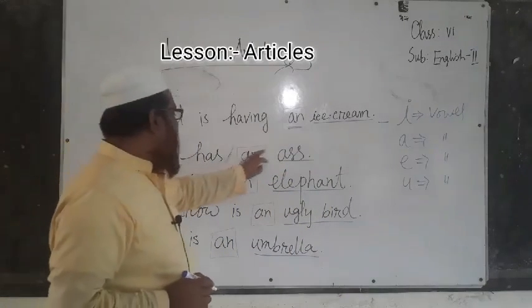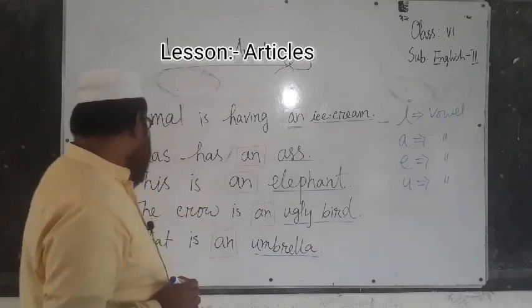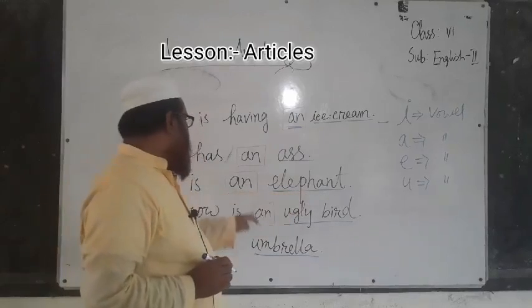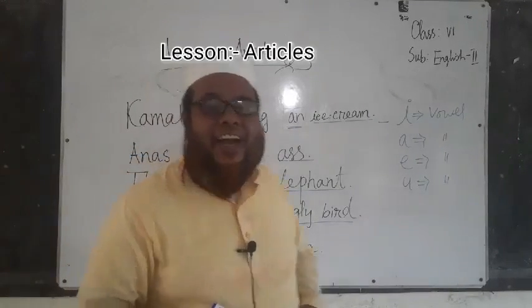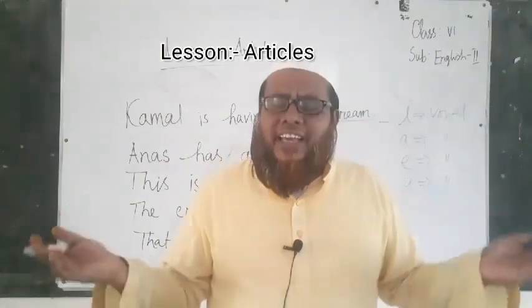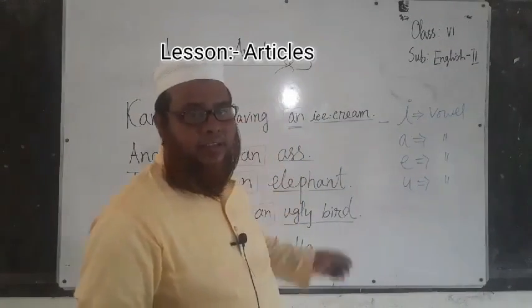Anas has an egg. Here we use article an. This is an elephant. We use here an. Why do we use here an? The answer is very simple, very clear. The words start with a vowel.